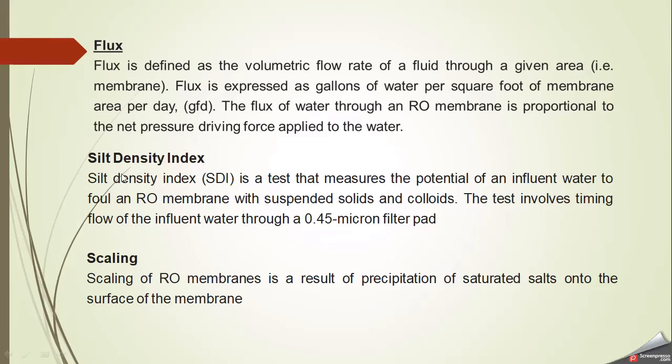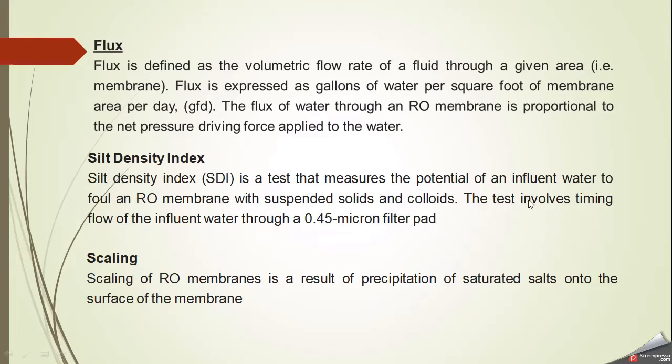Next important thing is silt density index. This is basically a test, not an RO performance term. The silt density index is a test that measures the potential of an influent water to foul an RO membrane with suspended solids and colloids.